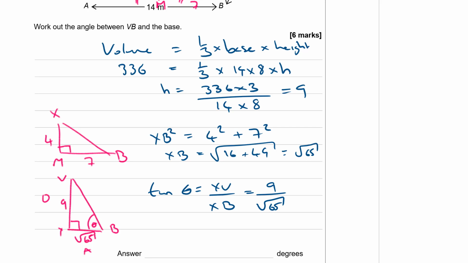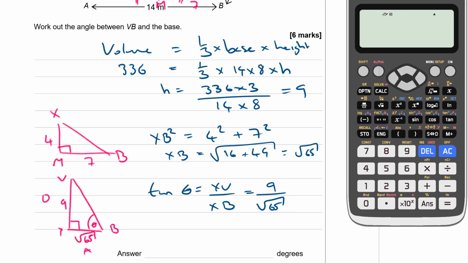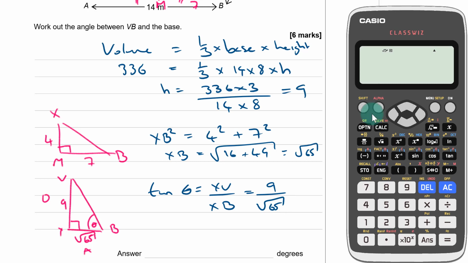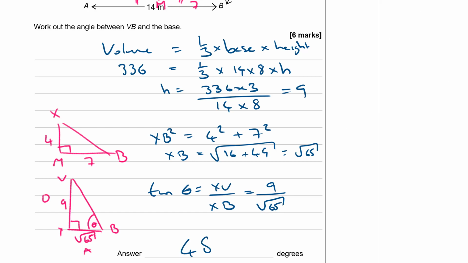So I need to divide that and then find the inverse tangent of it. So inverse tan 9 divided by square root of 65. I'm making that 48.1 and a bit. So 48.1 to 1 decimal place. 48.1 degrees.